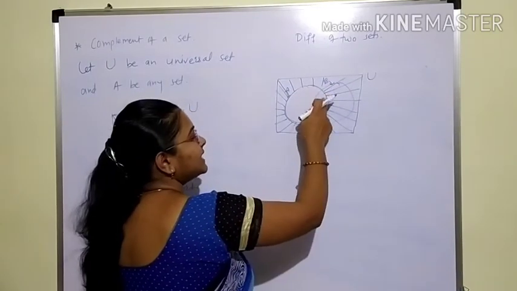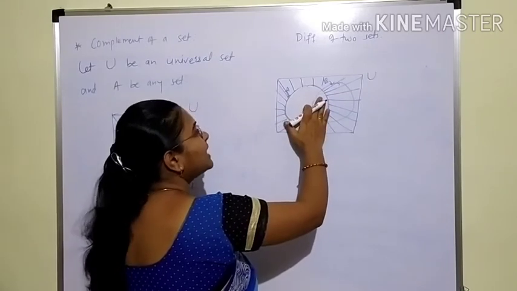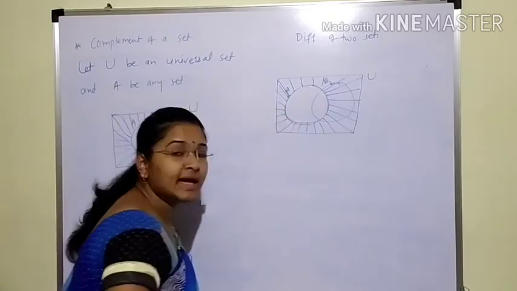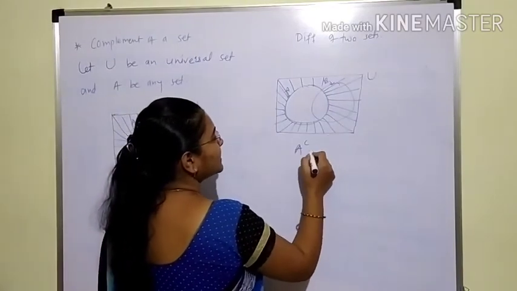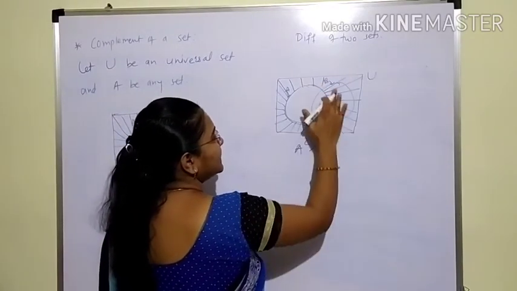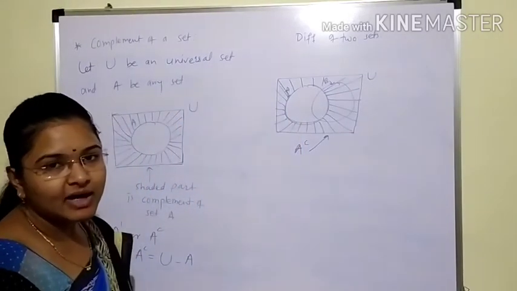The intersecting part also we will not shade because this intersecting part contains elements from set A. So here also, this shaded part represents the complement of A. Getting any doubt in this?